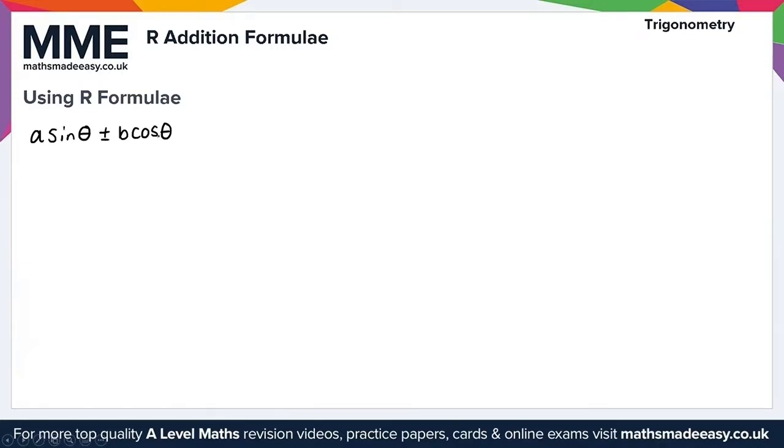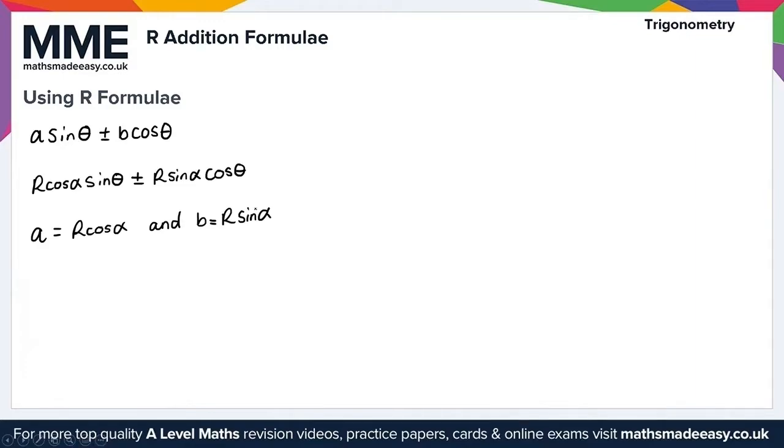Well, surely we could express this as R cos alpha sine theta plus or minus R sine alpha cos theta, where A is equal to R cos alpha and B is equal to R sine alpha.